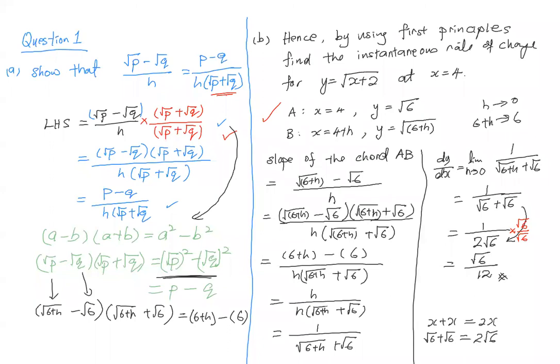Is it the average rate of change from A to B? From A to B. So it's better to specify the value of x. Okay, it is the average rate of change from x equal to 4 to x equal to 4 plus h.